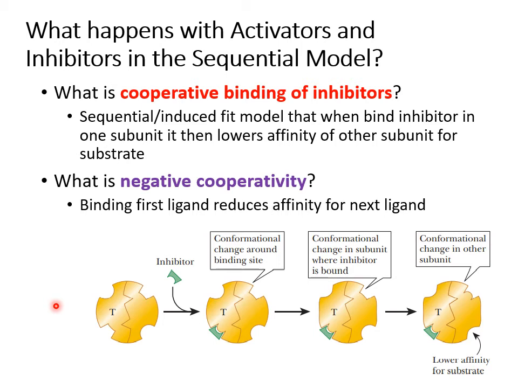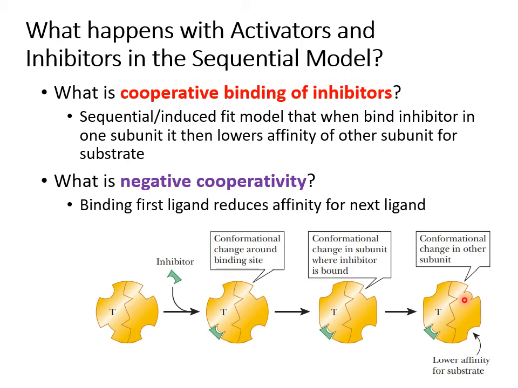And that cooperative binding of inhibitors basically means that when the inhibitor binds to one subunit, so one half of the allosteric enzyme, it then causes the sequential effect that the other half of that enzyme will now have a lower affinity for binding the substrate, meaning it has been inhibited.